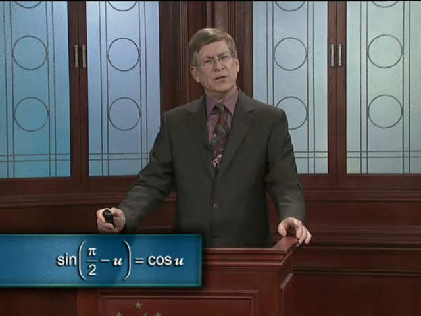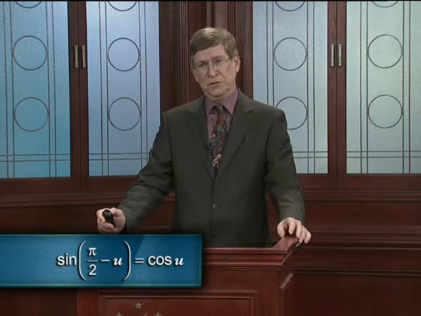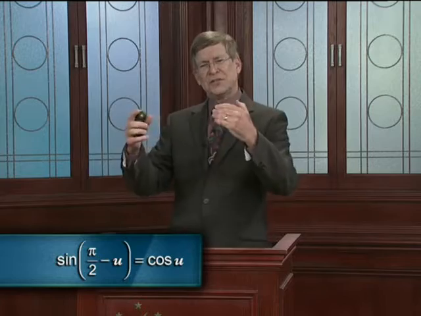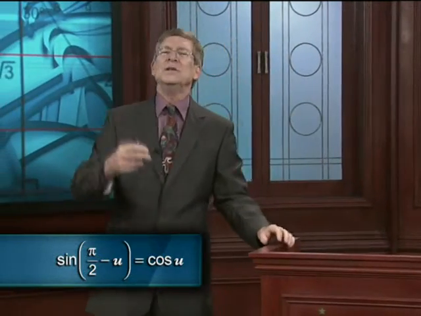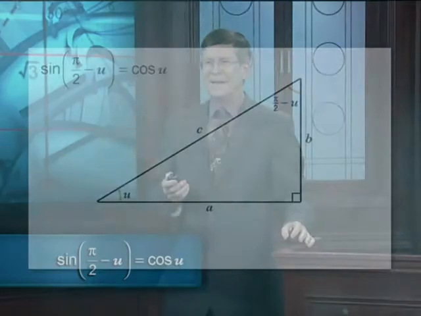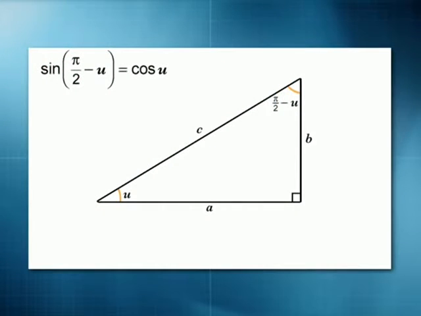Let's look at the first one. Sine of pi over 2 minus u equals cosine u. It's kind of nice to step back and look at the original definition of the trig functions, and you'll see why this is true. Let's draw a triangle, right angle, and then label one of the acute angles u, and the sides will be A, B, and the hypotenuse will be C. So what's the other angle in this right triangle?